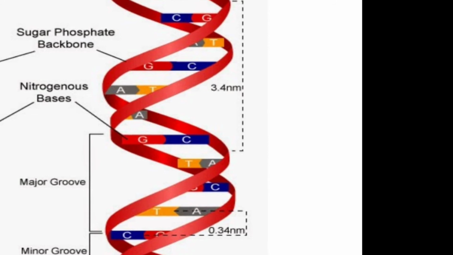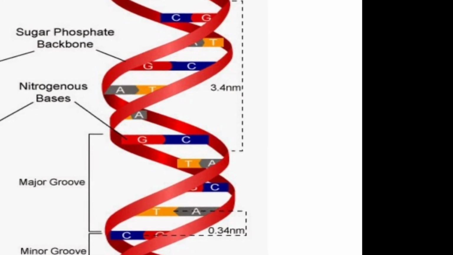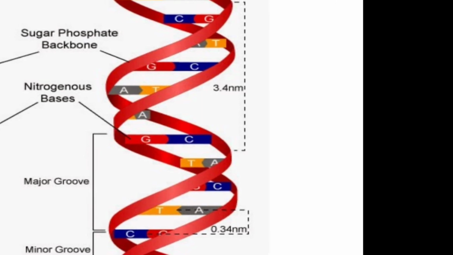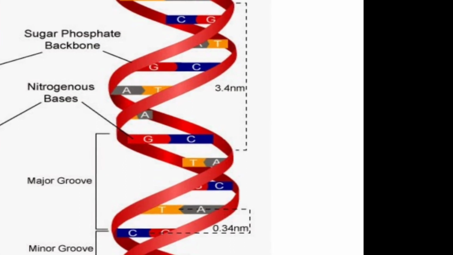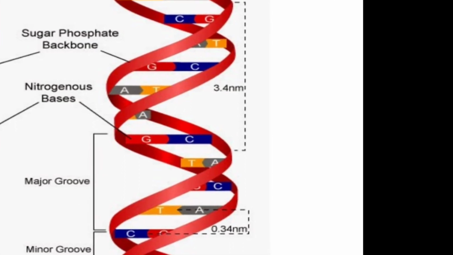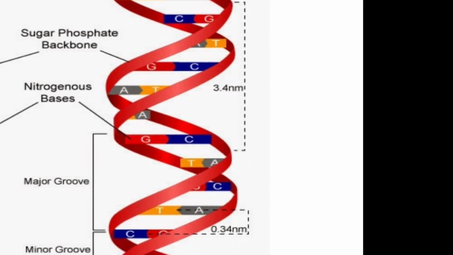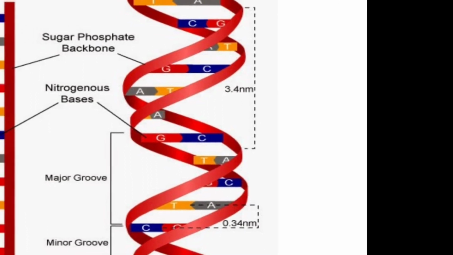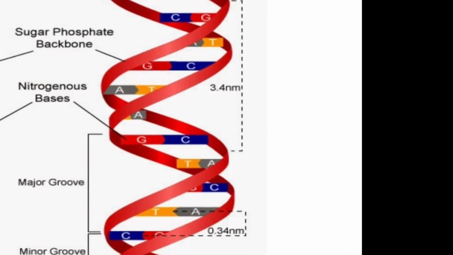So the diameter of the helix is 2 nanometer, and the length of a full turn after every 10 base pairs is 3.4 nanometer. The distance between two base pairs is 0.34 nanometer.